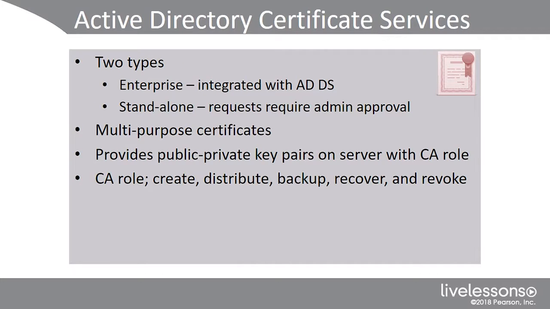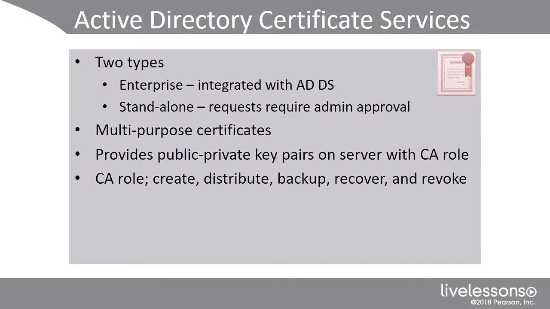We have ADCS, or Active Directory Certificate Services. We have a couple options there. Enterprise is integrated with ADDS, so a lot of the processing and the certificates are automatically taken care of for you. And then we have a standalone. And if we're going to use a standalone, we're going to need an administrator to approve all of the certificate requests. We can create multi-purpose certificates with ADCS for VPN tunnels or SSL internet applications, which are used to identify individual computers and users.